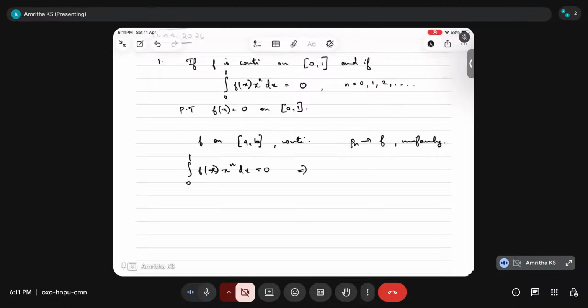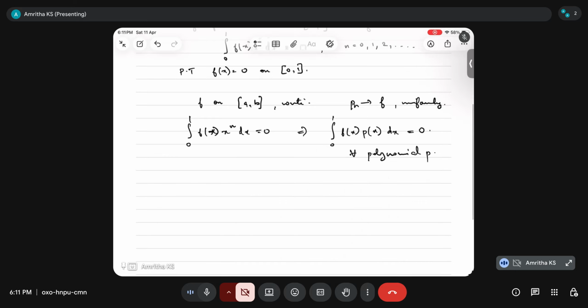So this implies that whenever we take a polynomial p(x), the integral of f(x) p(x) dx is 0 for all polynomials p, right? Because whatever polynomial we have, it would be of the form summation a_n x^n, and once we expand the sum, we would see that this integral is 0 for all polynomials p.